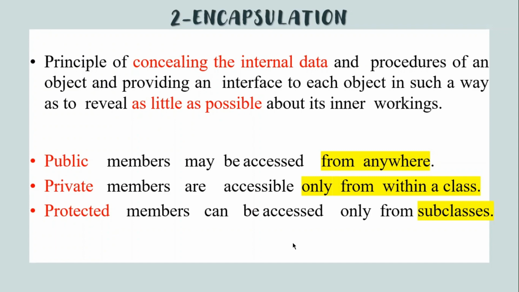This method cannot access the private data inside the class. And protected members can be accessed only from subclasses. So let's say I have a superclass with three subclasses. These three subclasses can access anything inside the superclass if it's protected.